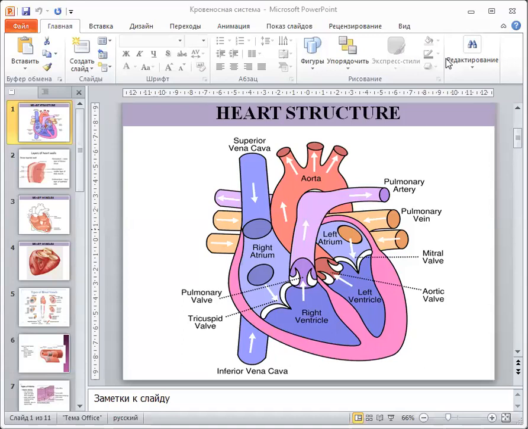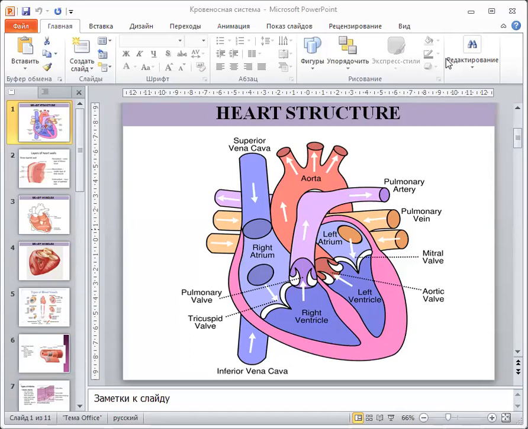Now we will consider the structure of heart and blood vessels. In this slide, you can see the structure of the heart. Heart, it is a hollow muscular organ which has the shape of cone.